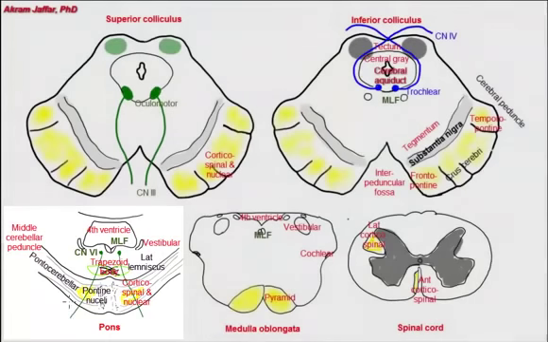So the medial longitudinal fasciculus connects this abducent nucleus with other nuclei that supply extraocular muscles, and these include the trochlear nucleus at the lower part of the midbrain at the level of the inferior colliculus, and also the oculomotor nerve, which is located at the level of the superior colliculus.